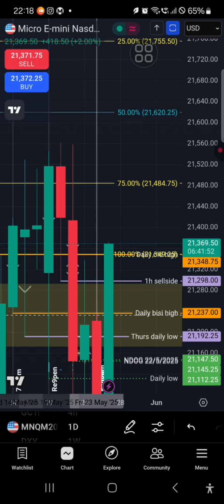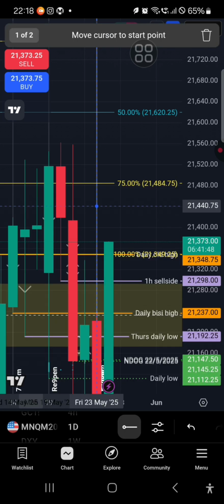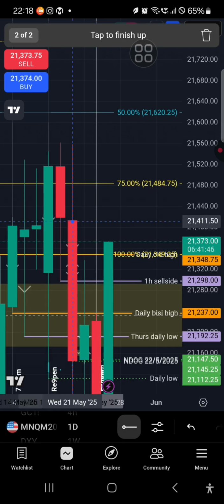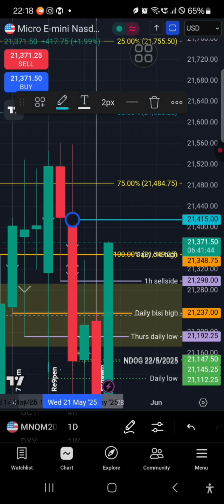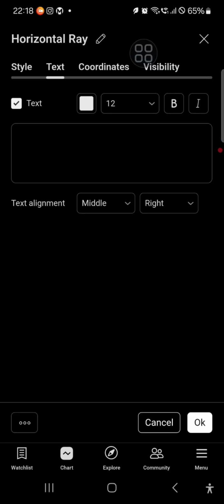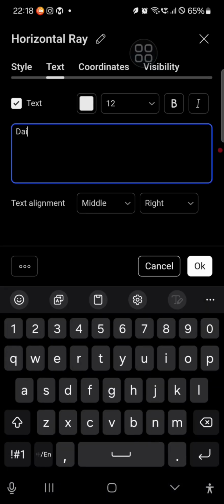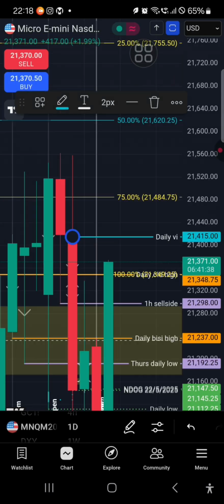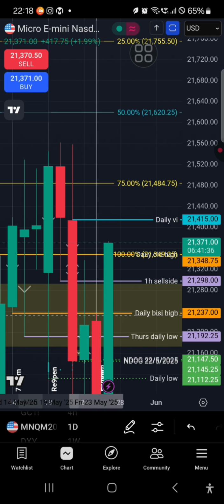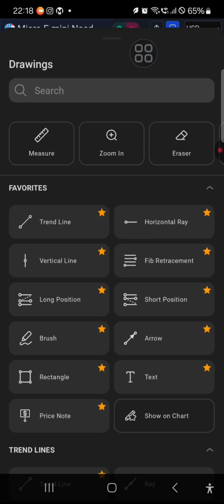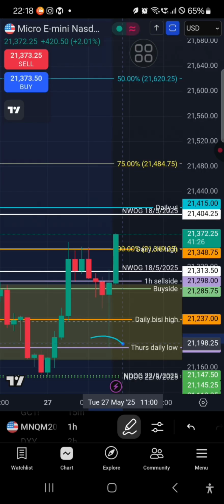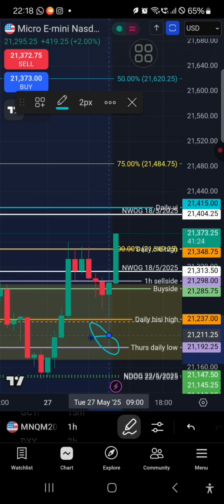Okay, so now 10 a.m., we have the daily VI right here. That will be the draw for the silver bullet. Right here price already retraced into a discount.